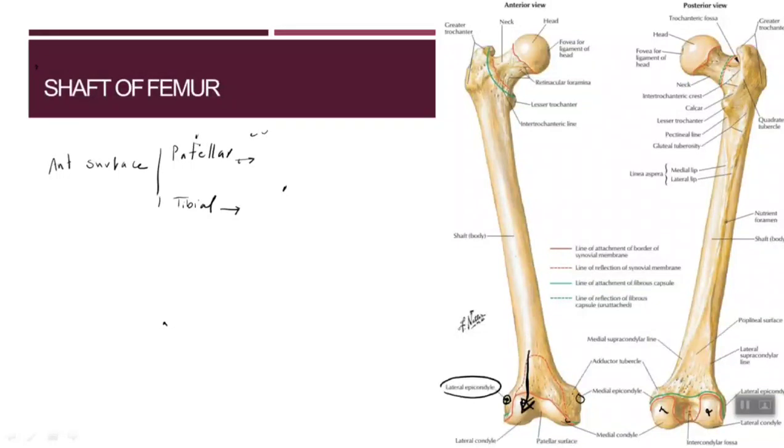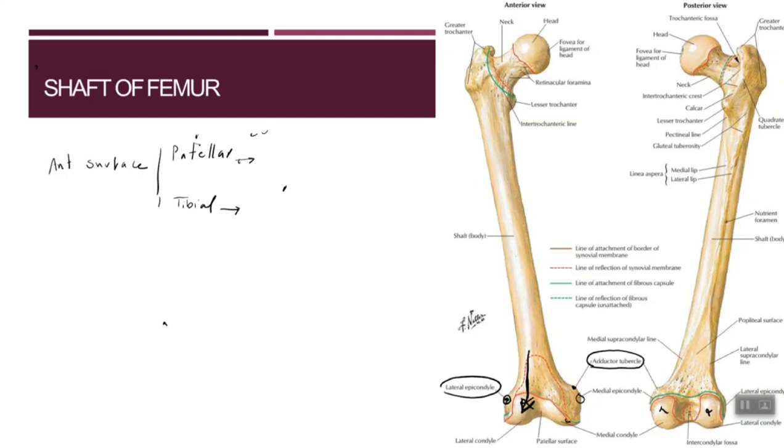Posterior and superior to the medial epicondyle, we have a special area or elevation, named the adductor tubercle. The adductor magnus, one of the important muscles on the medial side of the thigh, is attached to the adductor tubercle.